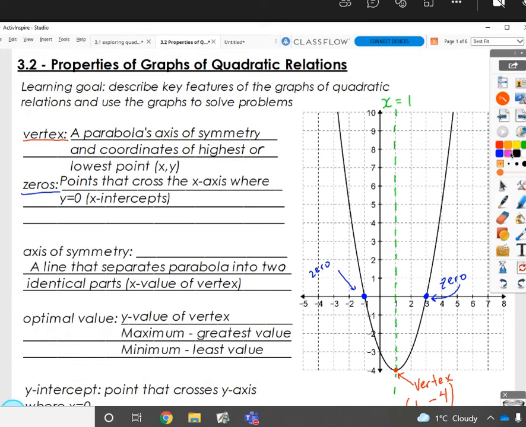So we'll say this parabola creates a minimum value of, and we just look at the y-axis, -4. So that right there is our minimum value. We know because that's as low as this thing goes. The lowest point is -4.